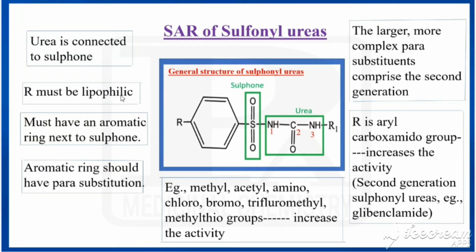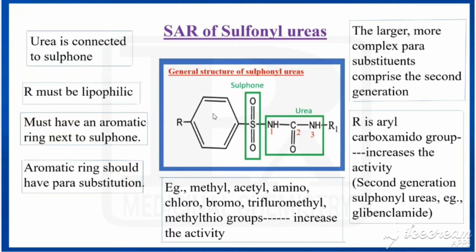That should be lipophilic. So in place of R, if we introduce methyl or acetyl or amino or chloro or bromo or trifluoromethyl or methylthio groups, the activity would be increased.